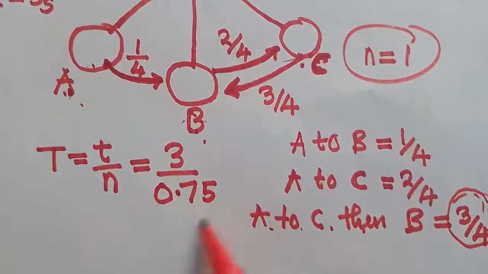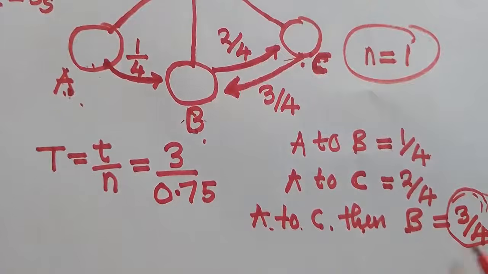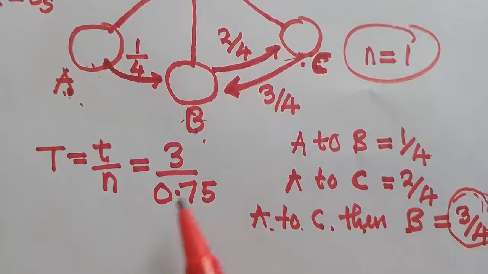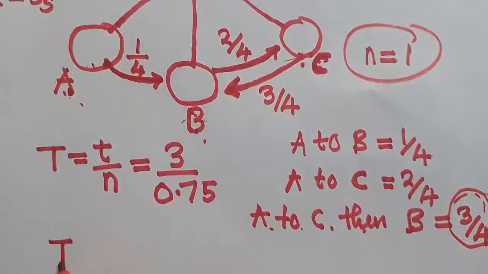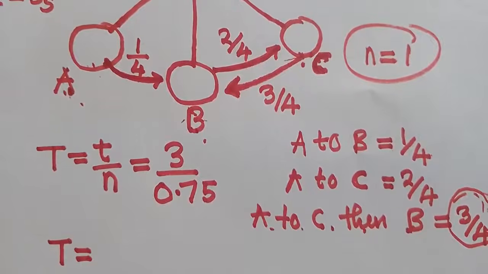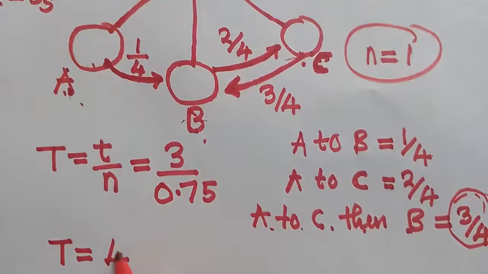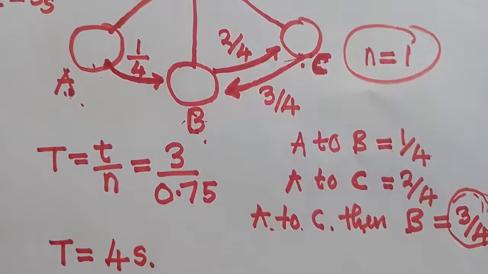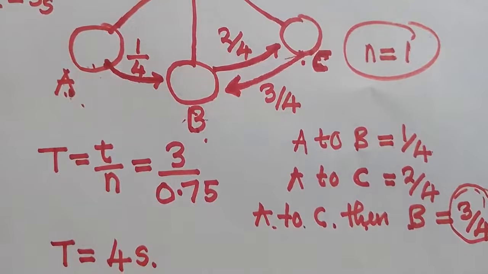This 0.75 is just the same as this one. So don't be confused. I've just said 3 divided by 4 so that I write it as a decimal number. Then I say 3 divided by 0.75. What am I getting? I'm getting 4. So then you put seconds. You are done. This is what you are supposed to do.